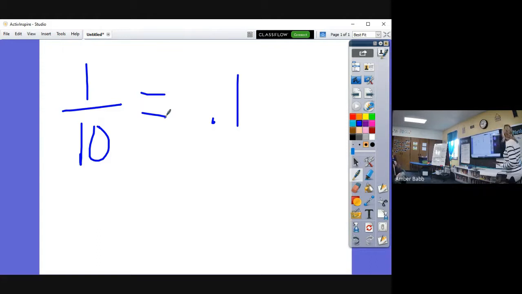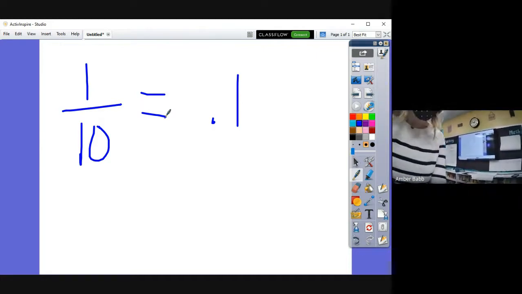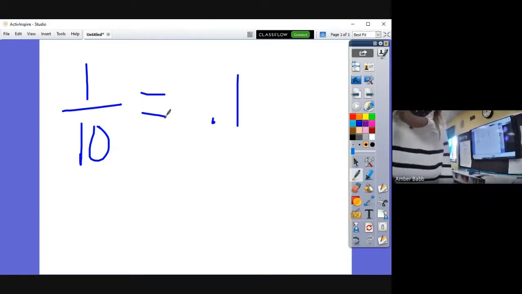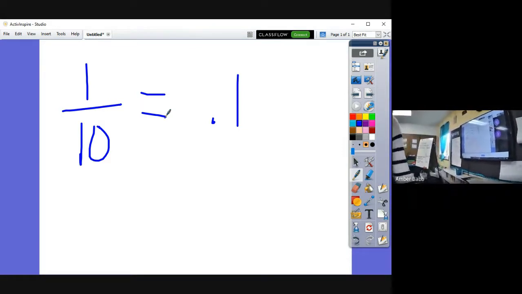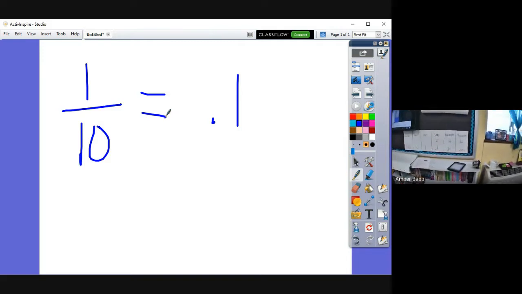There's a little poster back here, and I don't know if you guys can see it. Remember our decimal place value.